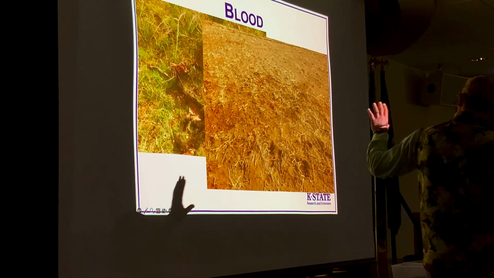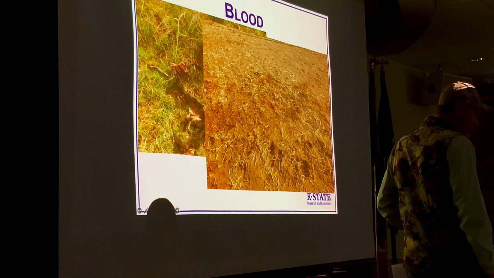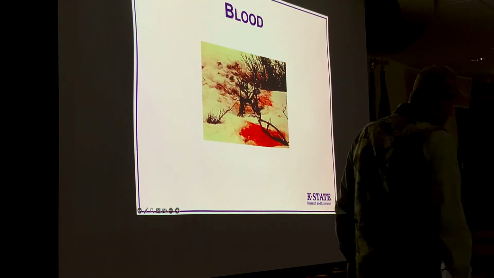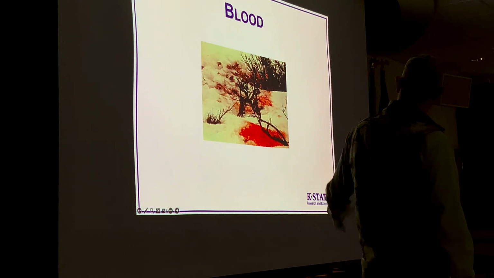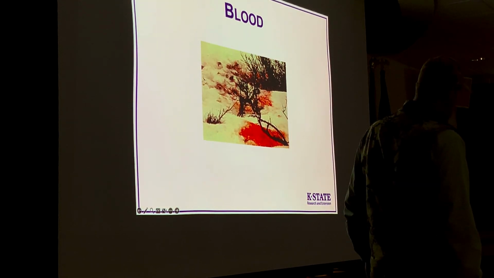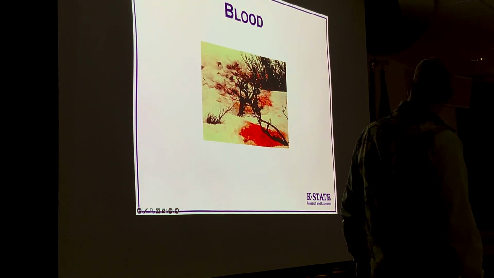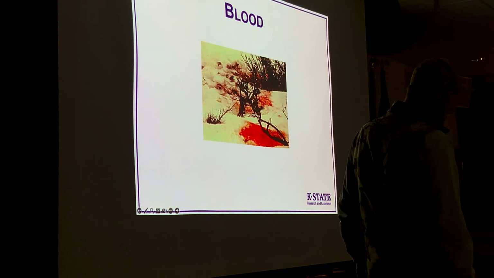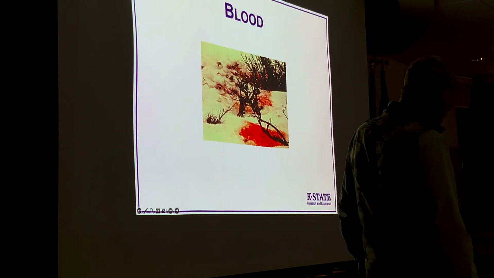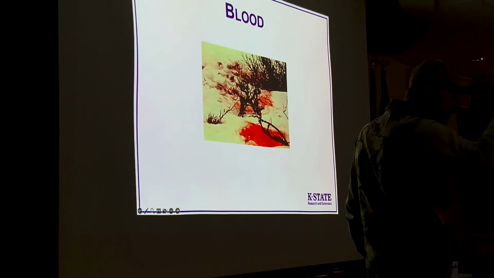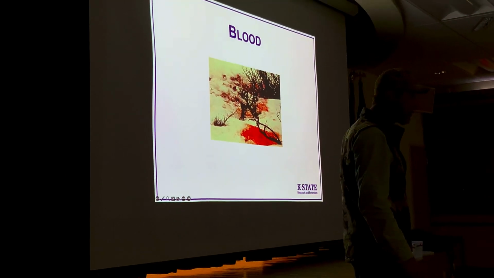But this is more like what we're looking for. And if you got snow, of course, you can really see how much blood there can be, and that's a really old, poor picture, but sometimes that's all we got. I had a sheep producer call me and say that he went out to check on his sheep, went out in the pens, and one of the ewes looked like somebody took a red magic marker and drew streaks all over her side.